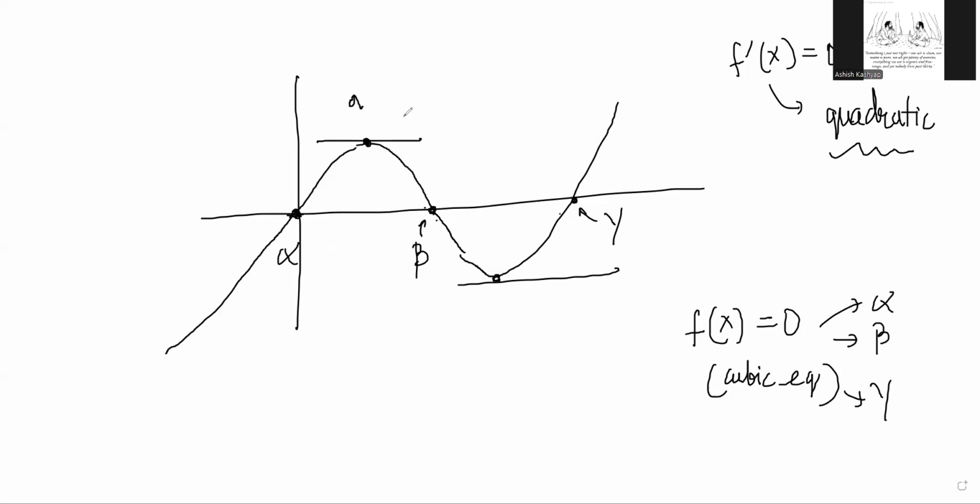These are the roots of the quadratic, let's say a and b. One of them has to be between alpha and beta, one of them has to be between beta and gamma. Because the function has to turn, and when it turns, the slope of the tangent will be 0 at that point. Yes, sir. So that is the underlying theory for question 14.